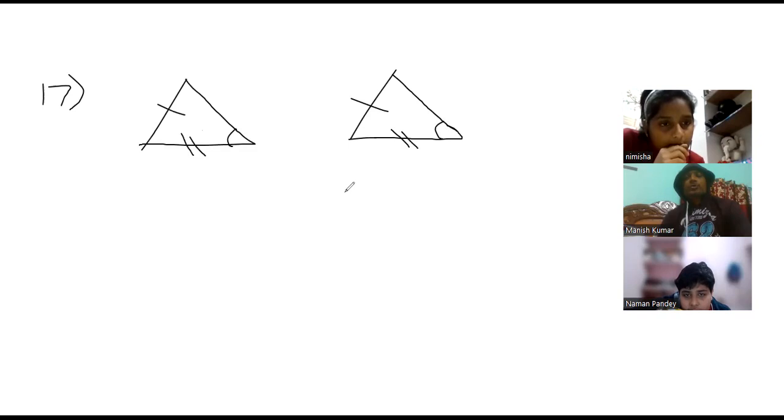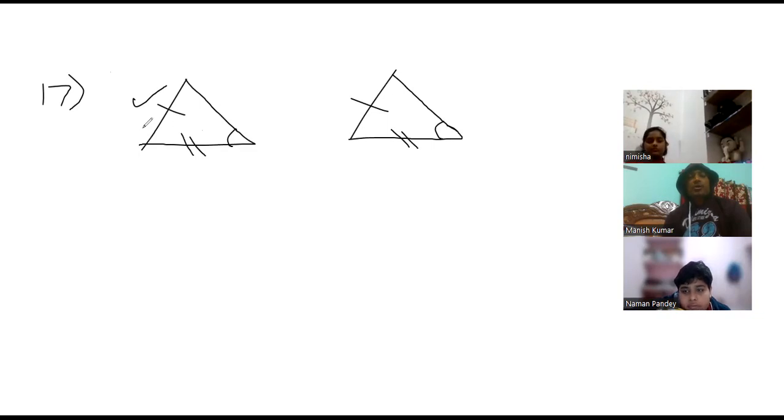Side angle side. This is the side, and where is the angle? Angle should be here. So the statement is wrong. We have to use the angle including the sides which are equal, meaning the angle should be here. Then only they are congruent. Please keep it in mind.